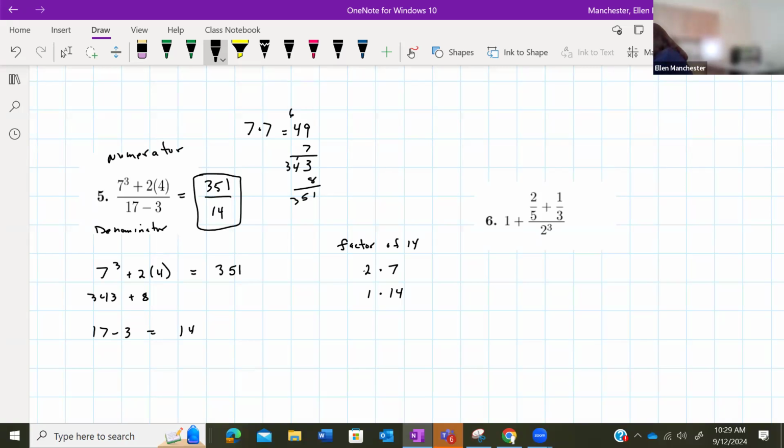Okay, so in the back of the book, they changed it to 25 and 1/14. That's a great answer. 351 over 14 is a great answer.